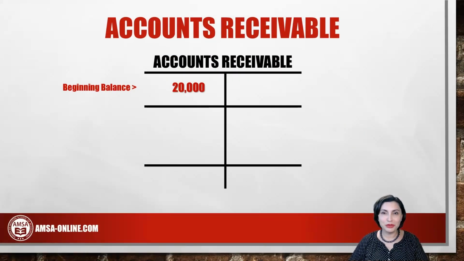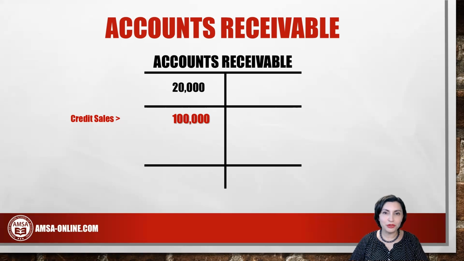We start with the beginning balance. The normal balance of accounts receivable is debit, as it is an asset account. We record $20,000 on the left or debit side of the T account. Credit sales increase accounts receivable.